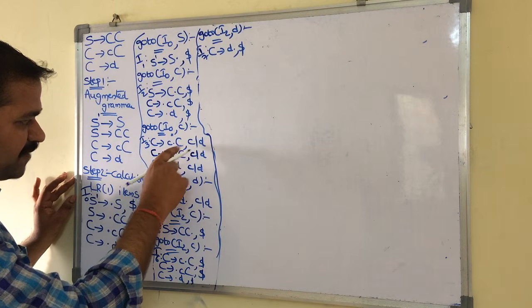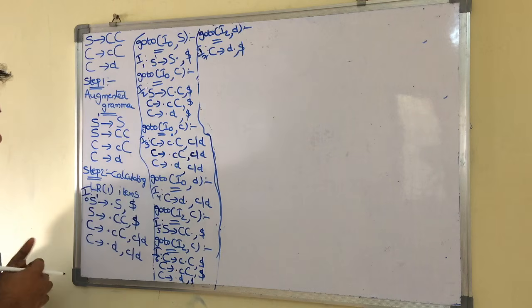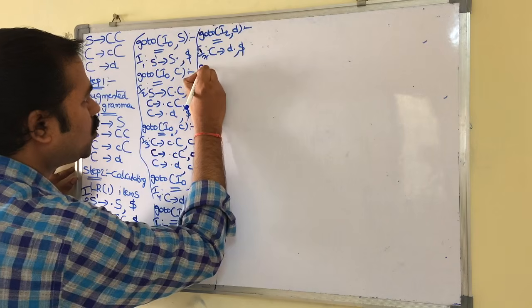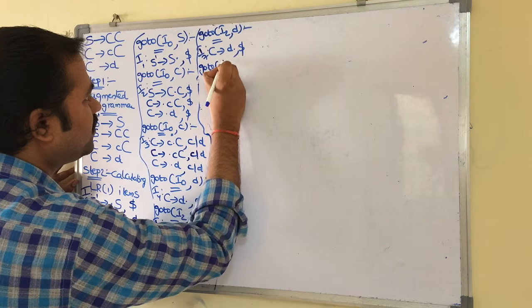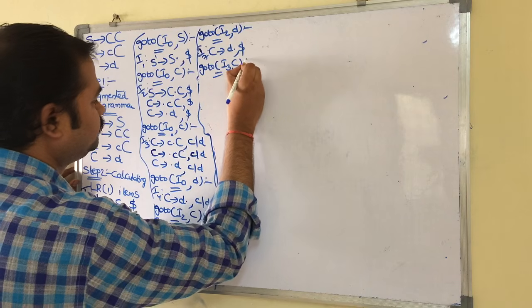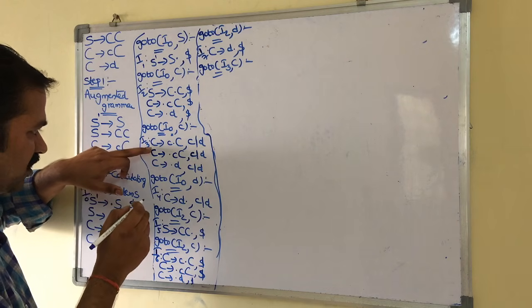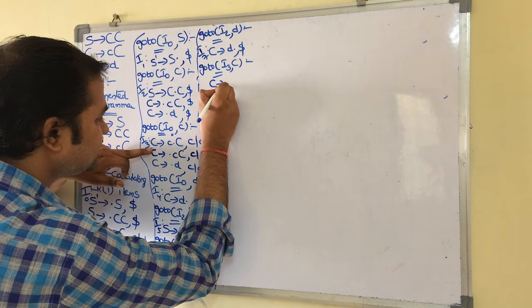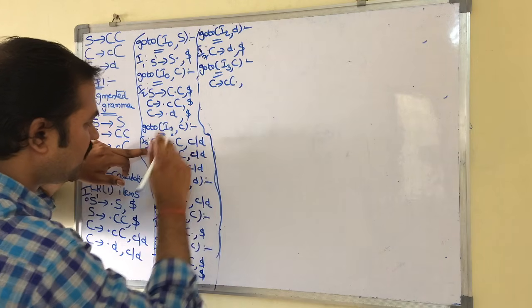Here after dot we have capital C, small c and small d. So we can apply these three inputs on I3. So goto of I3 comma capital C. So if we apply goto, then what will happen? Dot will be moved one position to the right. So C produces C dot comma.